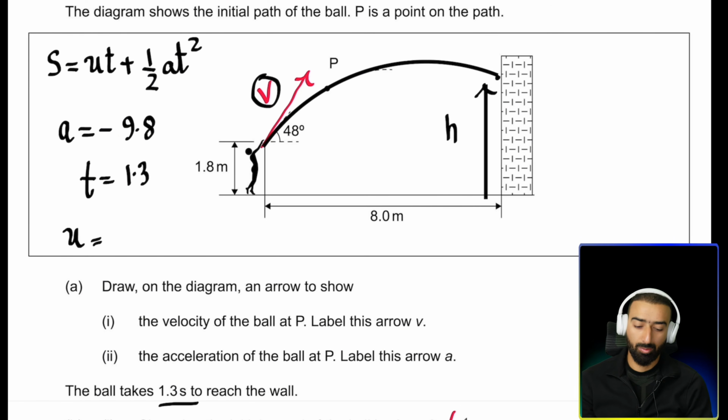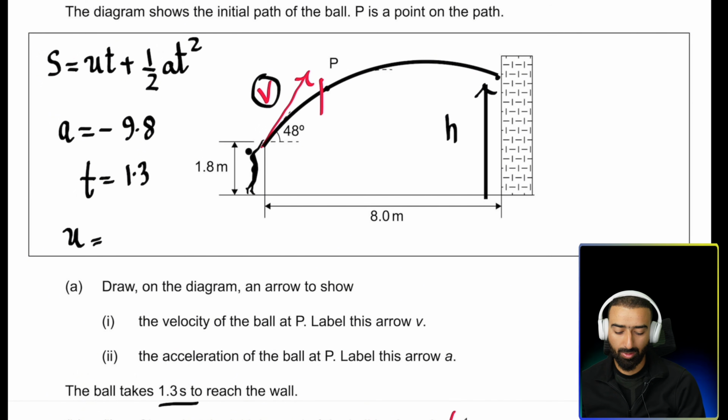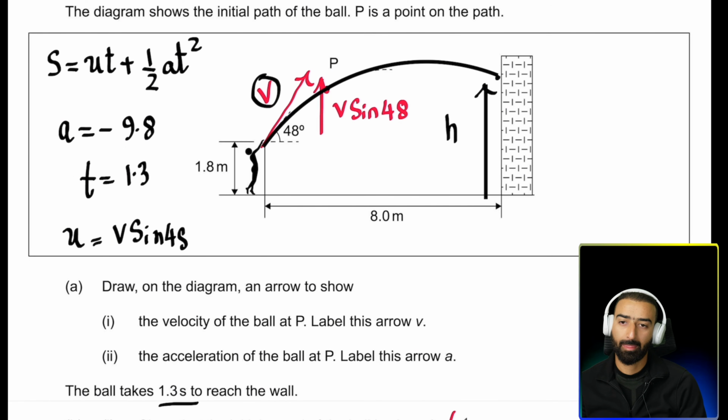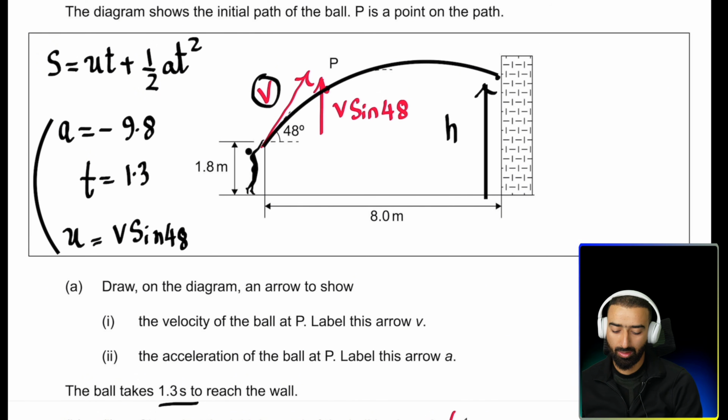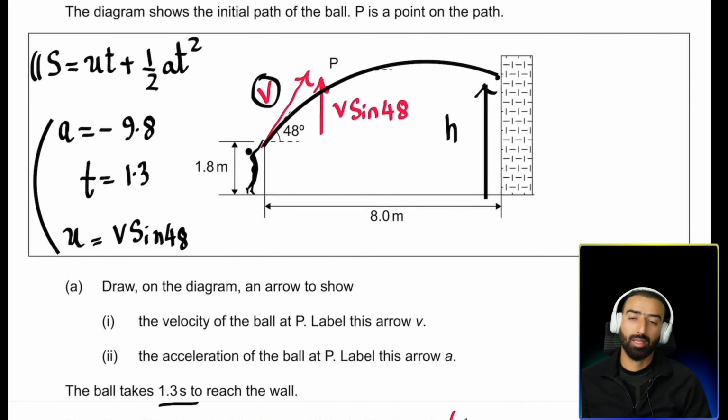The vertical component of the velocity would be v sine 48. So u can be written as v sine 48. So we can plug all these values a, t and u into this equation and solve for the displacement.